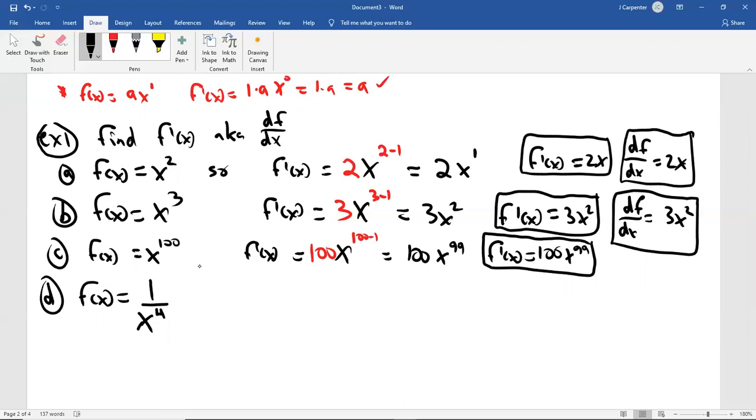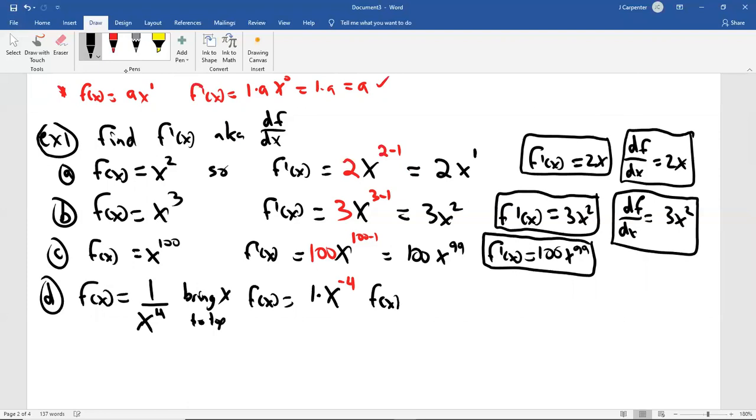So what we can do is bring the x to the top. So our function is now going to be 1 times, I'm leaving the 1 in the top, x to the, what happens when you move a variable from top to bottom or vice versa? Its exponent sign changes. So that's now a -4.